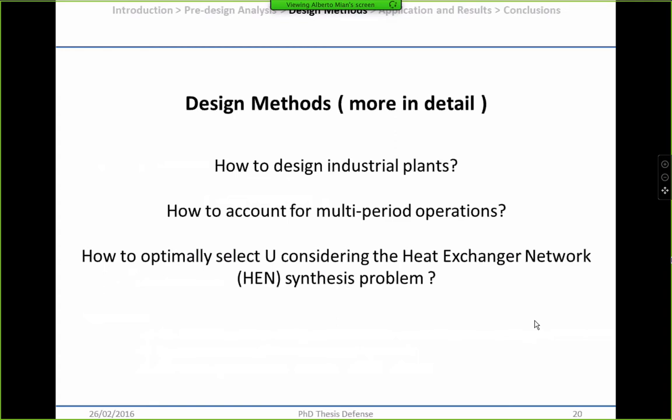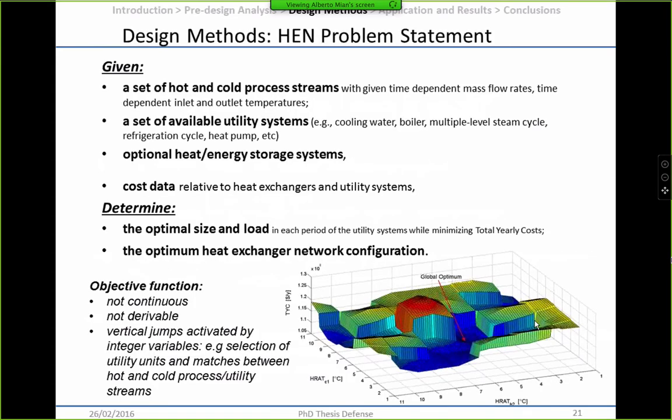The next question was how we can design an industrial power plant and account for multiple periods of operation. So how can we select these utilities, including the heat exchanger network? The heat exchanger network problem can be defined as follows. We have a set of hot and cold process streams with given time-dependent mass flow rates.